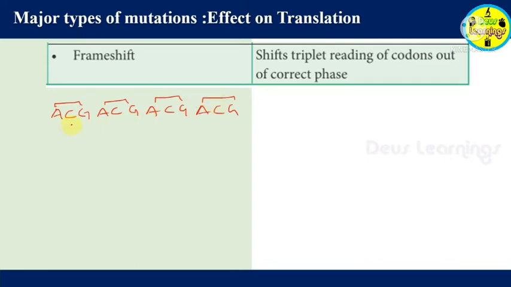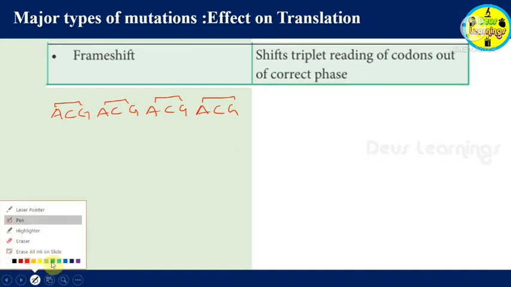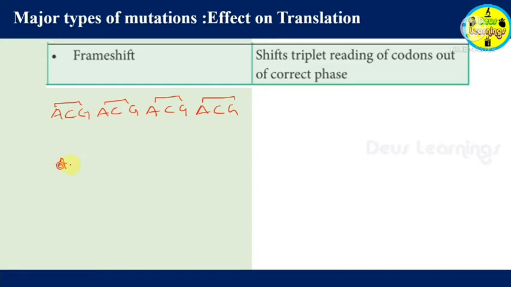For example, if I add one nucleotide, ACG, then I am adding one T here, T followed by again ACG, ACG and then ACG.